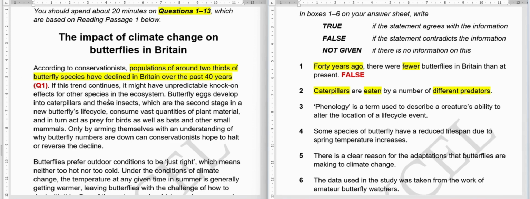Let's continue now. If this trend continues, it might have unpredictable knock-on effects on other species in the ecosystem. So there is nothing about caterpillars right now. Butterfly eggs develop into caterpillars, and these insects, which are the second stage in a butterfly's life cycle, consume vast quantities of plant material and in turn act as prey for birds as well as bats and other small mammals.